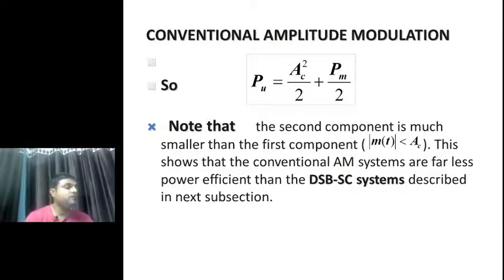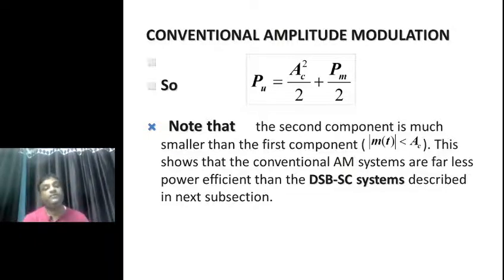Actually our modulated signal consists of the Pm by 2. So that's why it is called less efficient. Even if we suppress Ac square upon 2, our modulated signal becomes more efficient without any loss, because Ac does not contain any information.